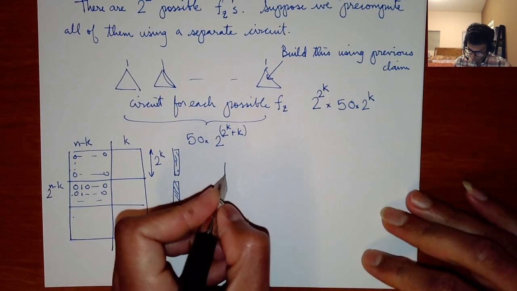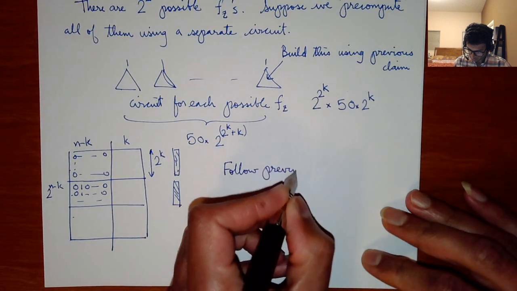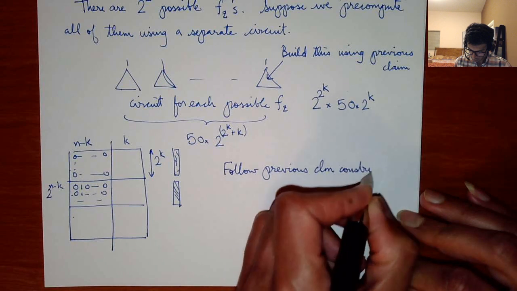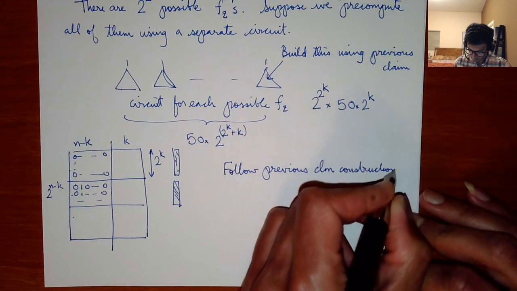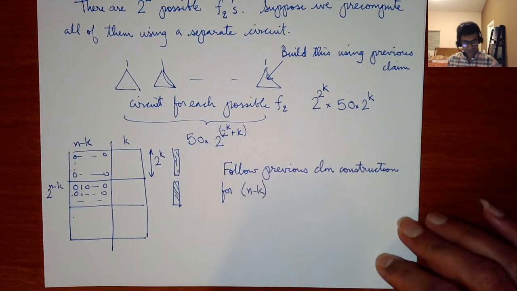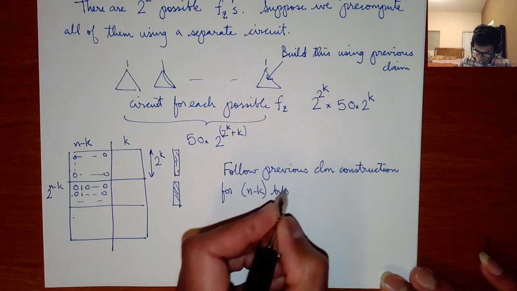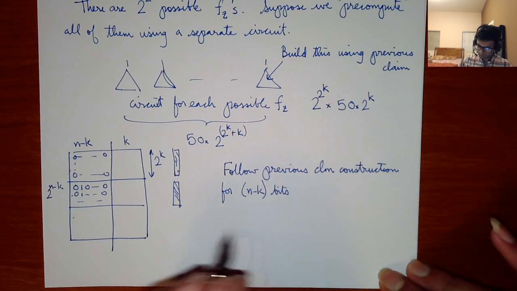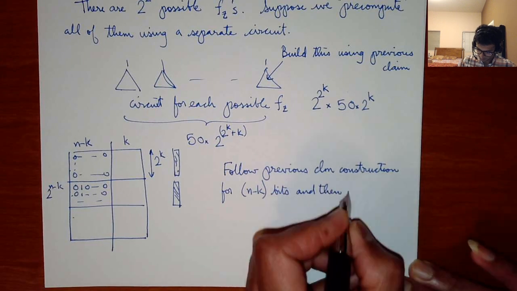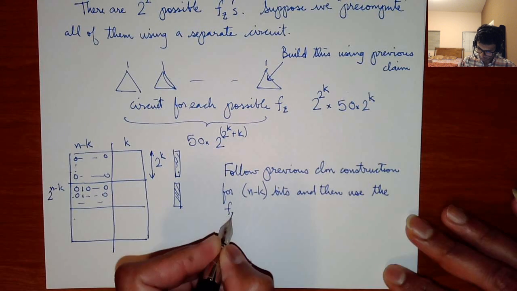So we follow the previous claim construction for n minus k bits, and then use what I'll call the FZ circuits.